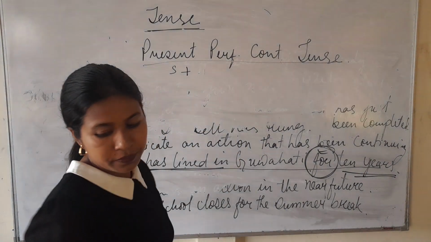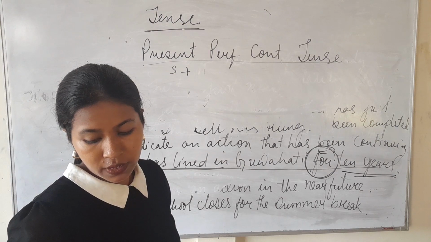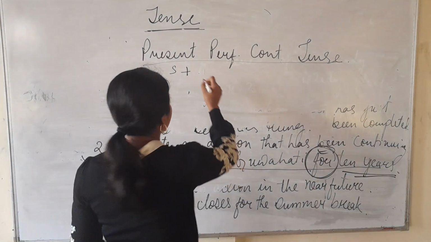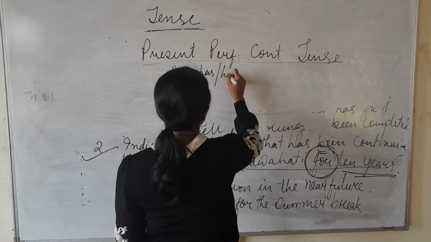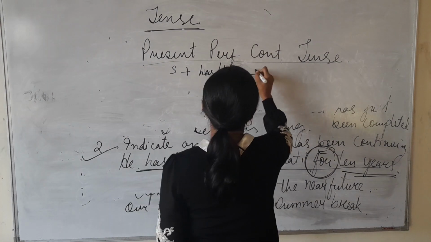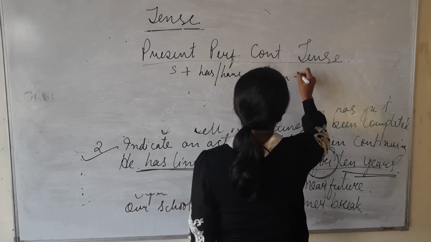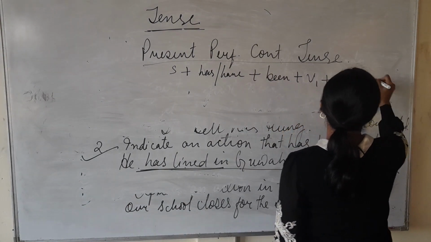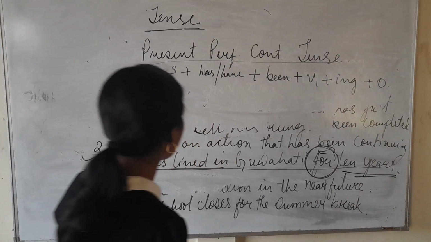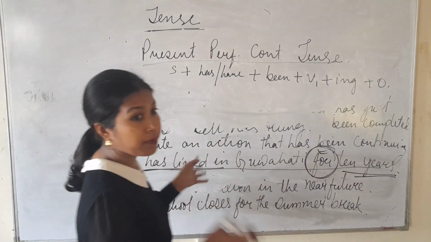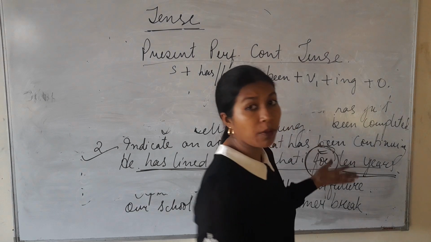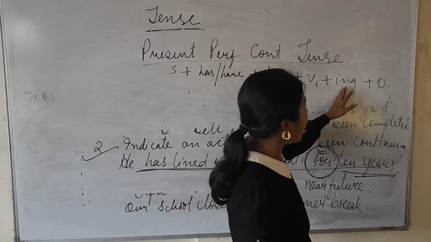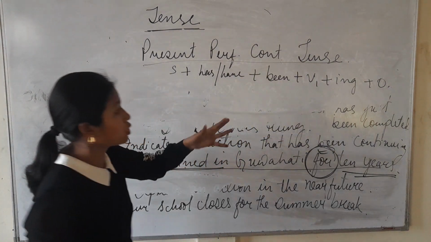The pattern in present perfect continuous tense is subject, plus has or have, plus been, plus first form of the verb, plus ing, plus object. So you have subject, then has or have, and with has or have, been will come, then the first form of the verb with ing added, then object.